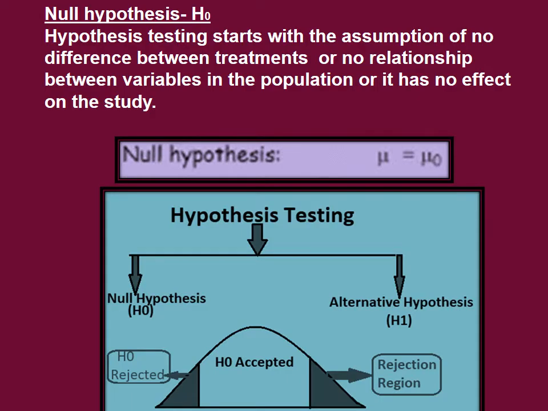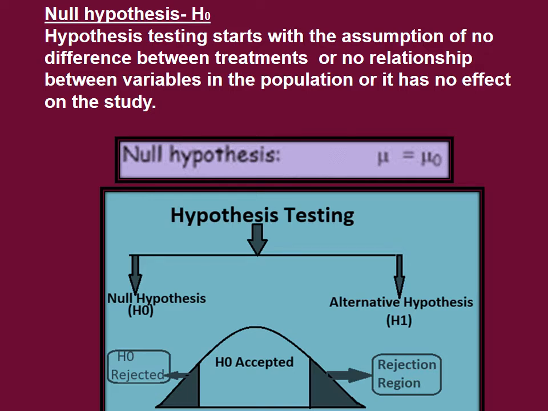If we are getting the null hypothesis, there is no difference in the treatment. Hypothesis testing starts with the assumption of no difference between treatments. That means treatments are equal. Treatment means are equal, no differences of the treatment means.